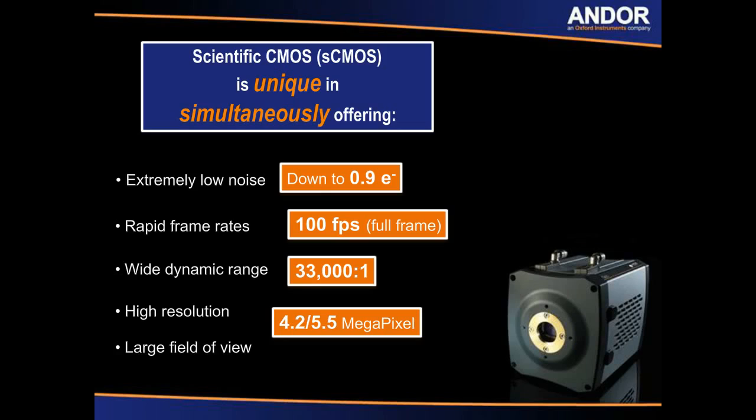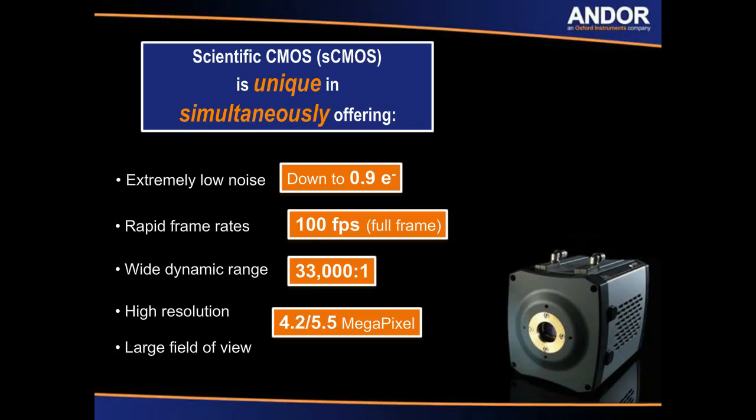So you don't have the usual problems that you might have with a CCD camera. When you read out very fast in a CCD camera, your read noise is essentially increasing. So the faster you read out, the higher the read noise. However, with sCMOS cameras, you can read out extremely fast and still maintain a very, very low read noise.